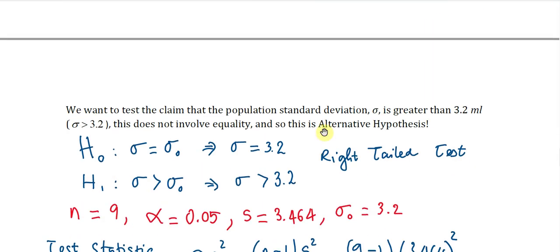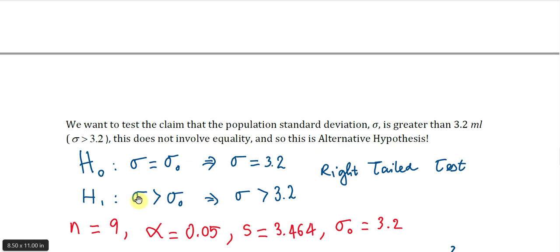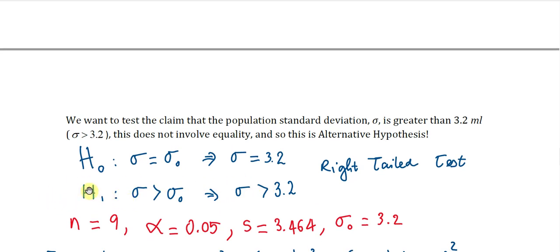So you have two cases: sigma bigger than sigma naught, which is sigma bigger than 3.2. And because this one does not involve an equal sign, that means this becomes the alternative hypothesis. And therefore, sigma equal to 3.2 is the null hypothesis.